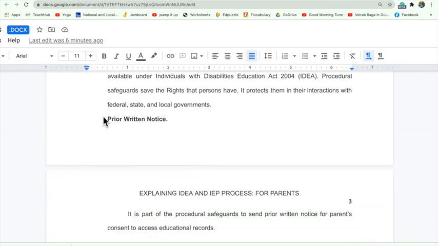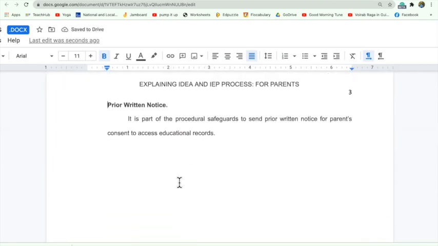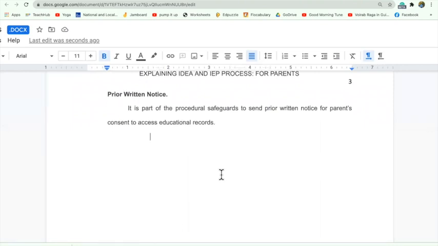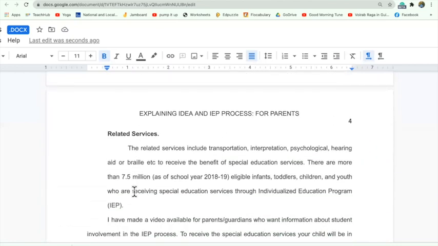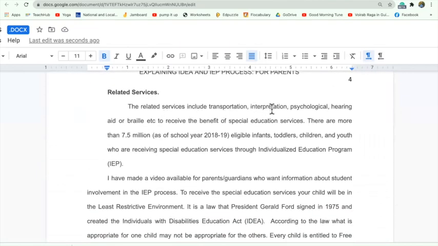Prior notice. It is part of the procedural safeguards to send prior written notice for parents' consent to access educational records. Related services. The related services include transportation, interpretation, psychological, hearing aid or braille, etc., to receive the special education services benefit.